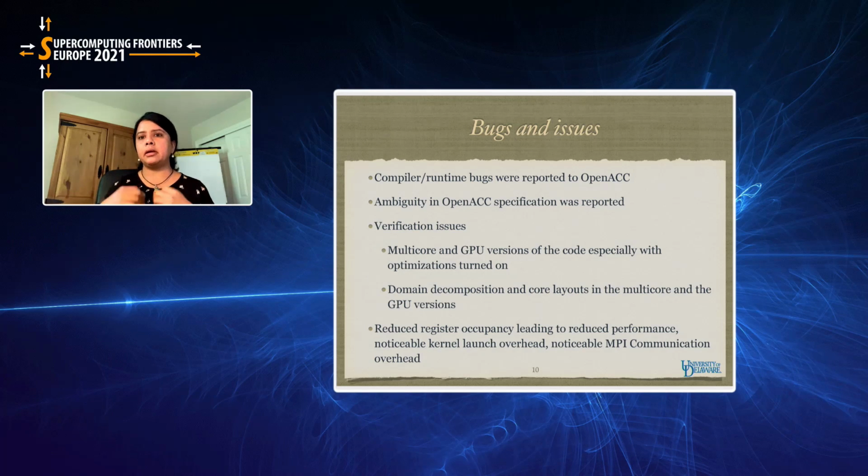Then we also were reporting ambiguities in the OpenACC specification, because as users, we interpreted the definition of the programming model features differently than what was indeed in the specification. So a lot of clarity came out of the process. Then the most important hurdle we had was verification issues.